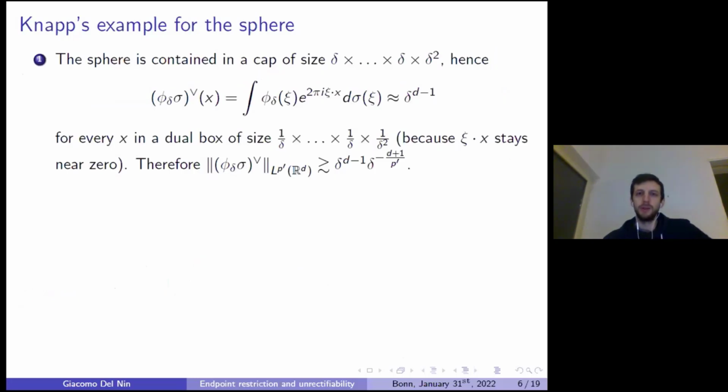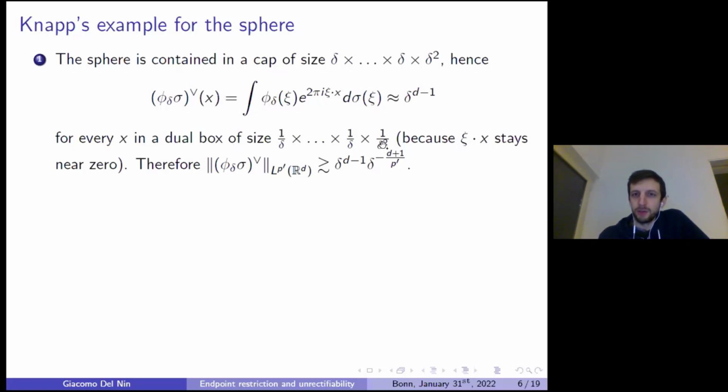And so if we explicitly compute the inverse Fourier transform of this rescaled phi delta times the surface measure, by definition it is this one, now we can bound this expression from below whenever we consider x in a dual box of size, basically, the inverse. So 1 over delta in all the directions except 1 over delta squared in the last direction.